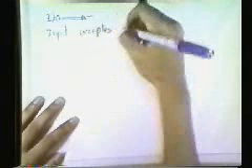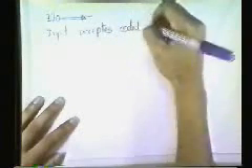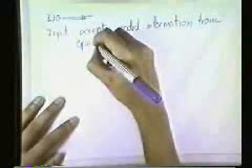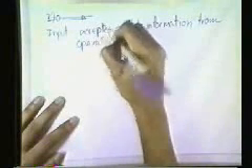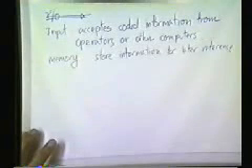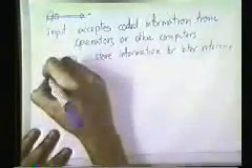Input. The input unit accepts coded information from an operator, and the operator can be a human, a device, or a machine, right? So that is the task of the input unit. Memory is used to store information, as I told you before.